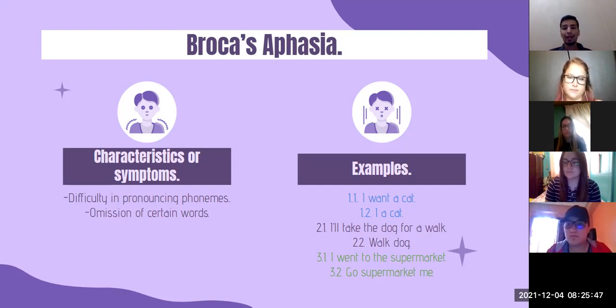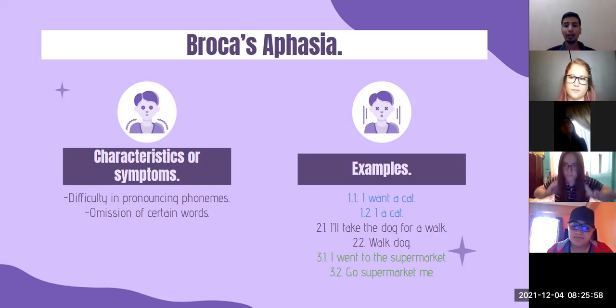And the third one is, I went to the supermarket. Go supermarket me. They also tend to confuse the pronouns, and they cannot recognize the simple past form of a verb, or sometimes the future form of a verb.